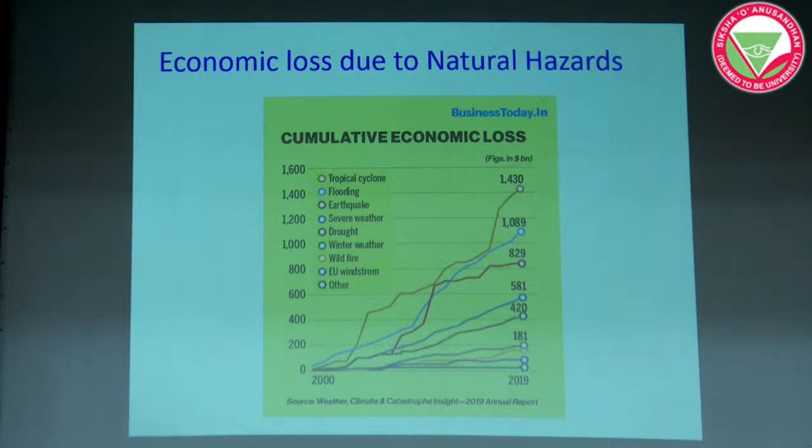Tropical cyclones occur only in the tropics, but the loss due to them is enormous, and then floods and earthquakes and so on. If we add all these things, it is more than our GDP per year. That means the whole income we have from different sources is the loss in 20 years around the globe.